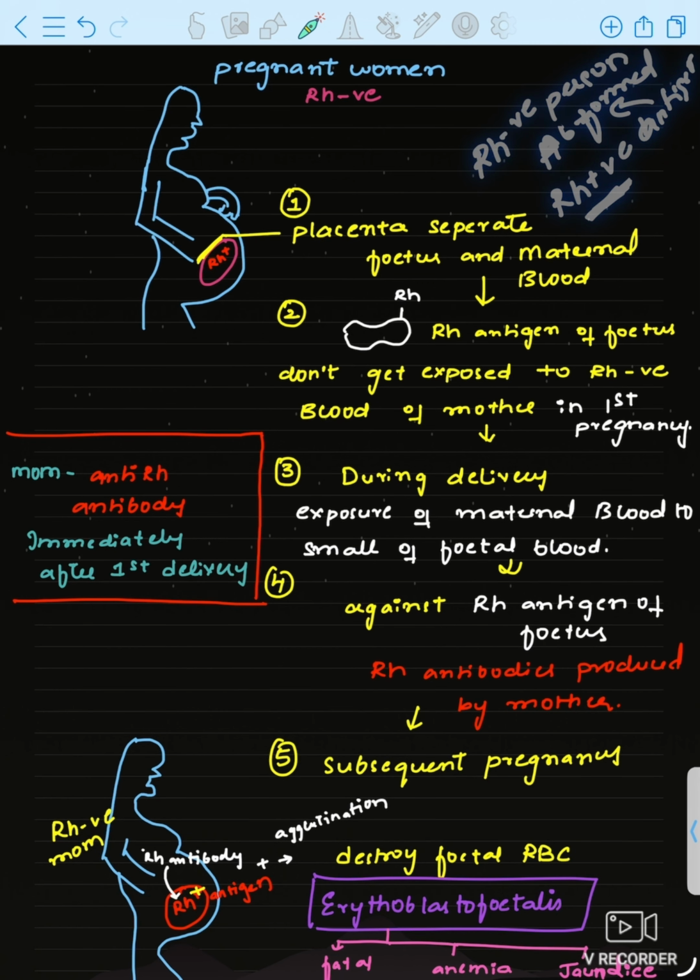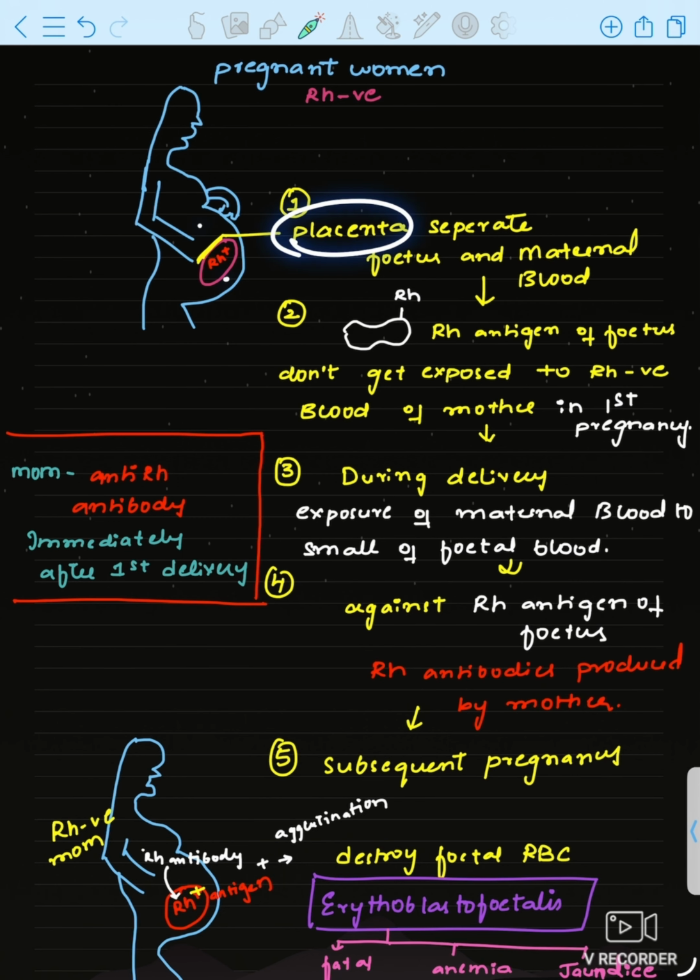But between the mother and the baby there is a placenta which separates the fetus from maternal blood. That is why there will be no exchange and antibodies will not be formed. See, the Rh antigen of the fetus does not get exposed to the Rh negative blood of the mother in the first pregnancy because it is separated by the placenta.